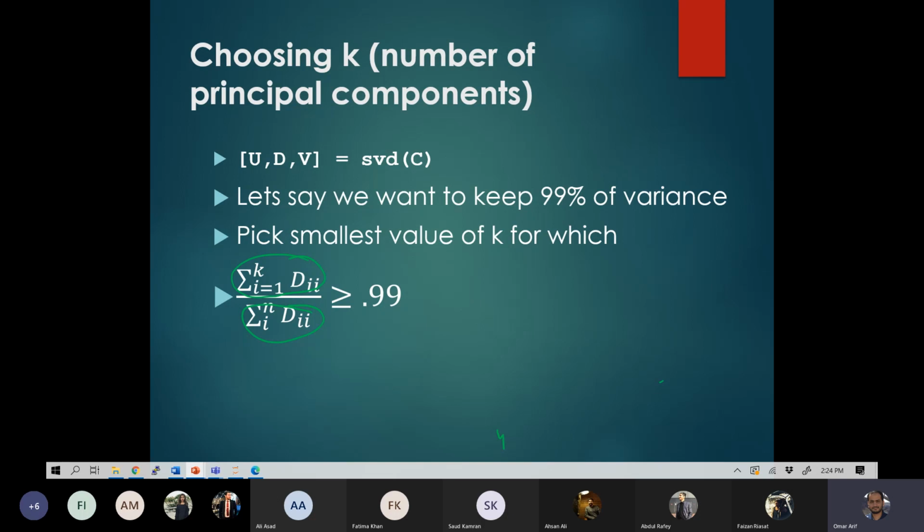In this lab, the objective was to choose k such that this ratio is greater than or equal to 95%, or 0.95, which means that you have retained 95% of the variance.